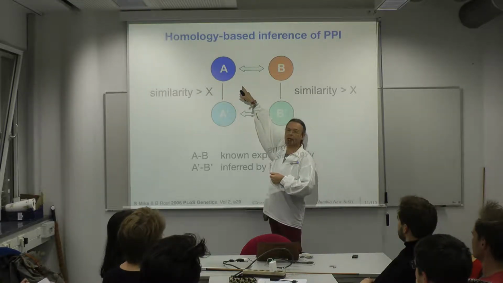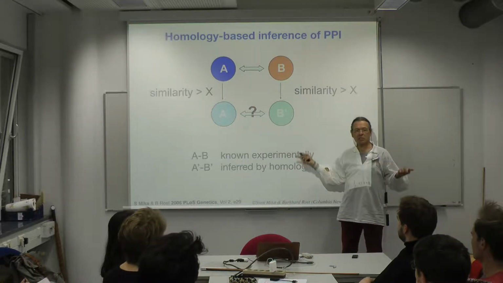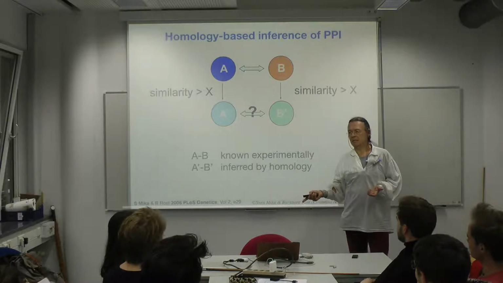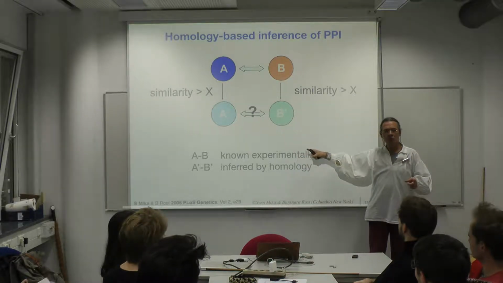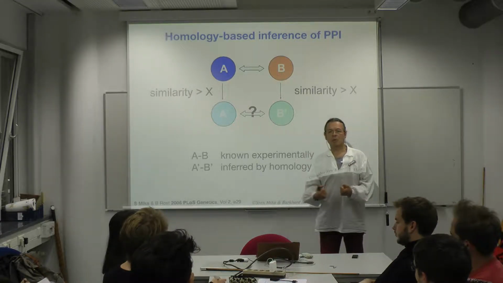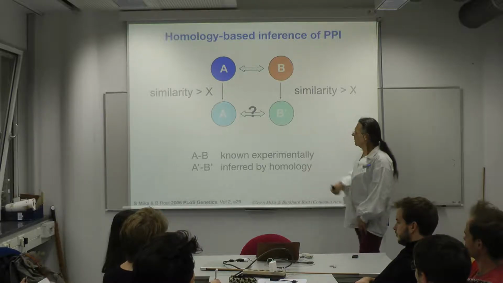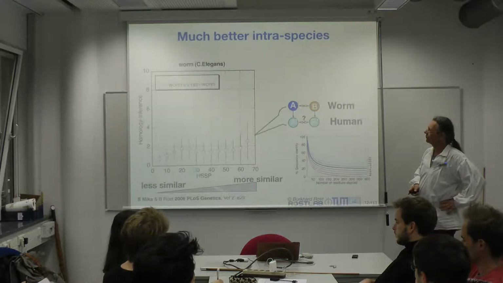So A prime has some similarity to A, and B prime has some similarity to B. Now the question is, do A prime and B prime interact? I know A and B do. And these other two are sort of related to A and B. So can I then infer that in fact A prime and B prime interact? And that is essentially called homology-based inference.